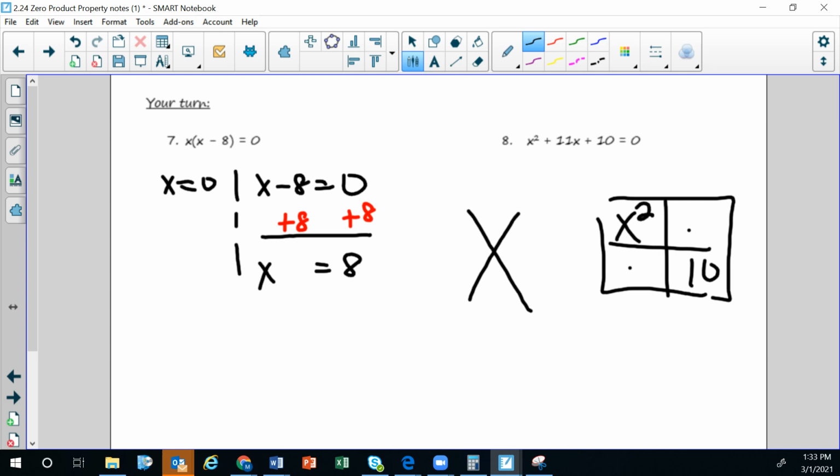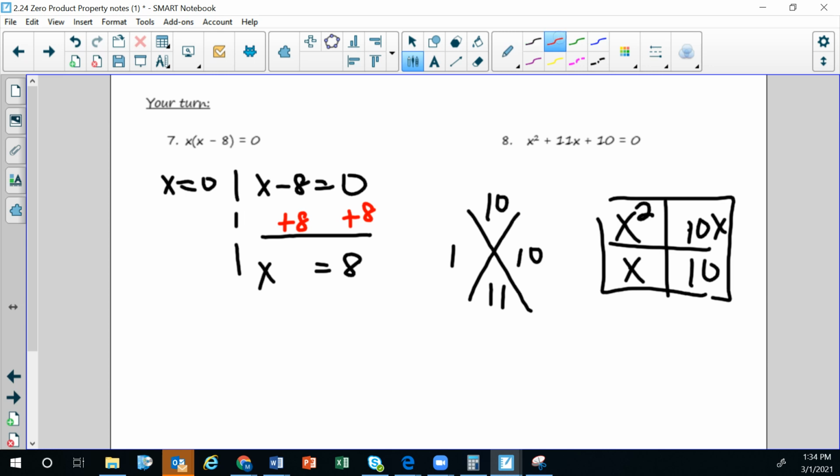So the top of the x is going to be 10. By now, you guys should know this. The bottom is going to be 11. So what two numbers, when I add them, give me 11, but when I multiply them, give me 10? That is 1 and 10. And therefore, this box is going to be x, and this one is going to be 10x.